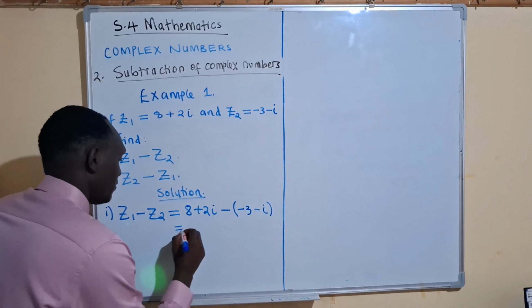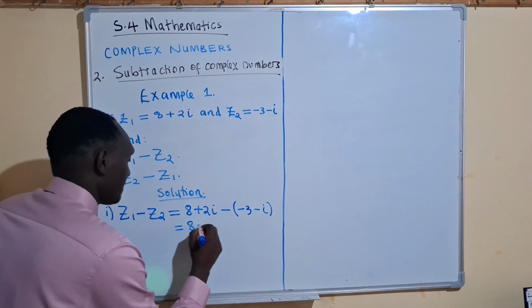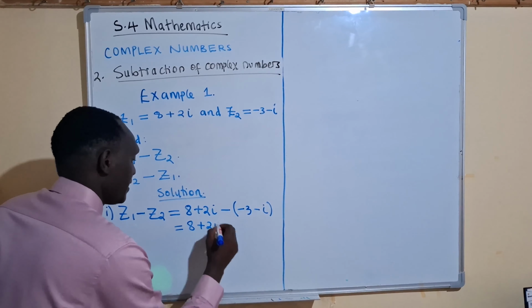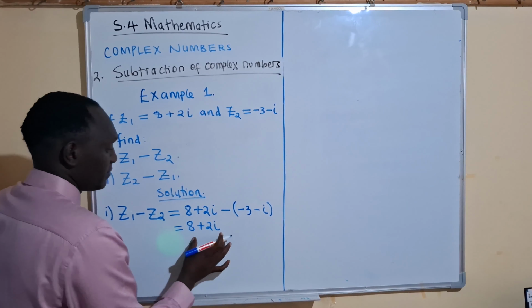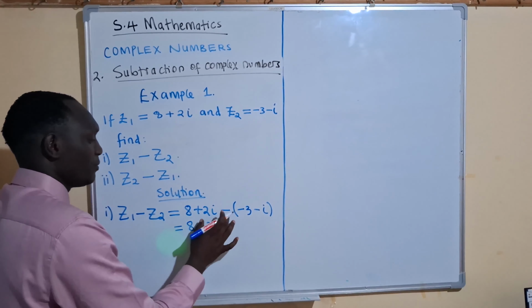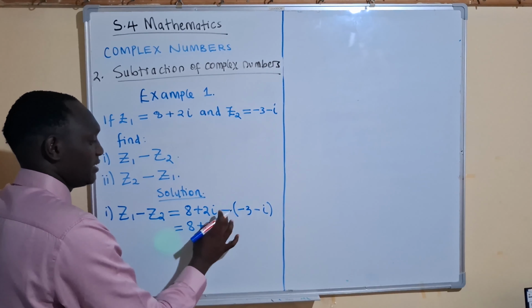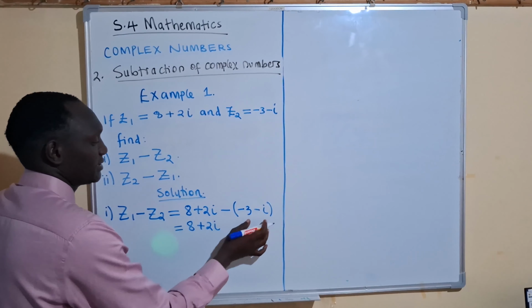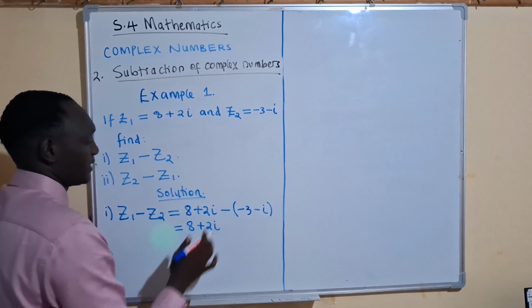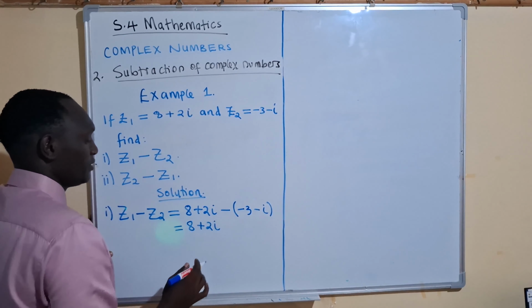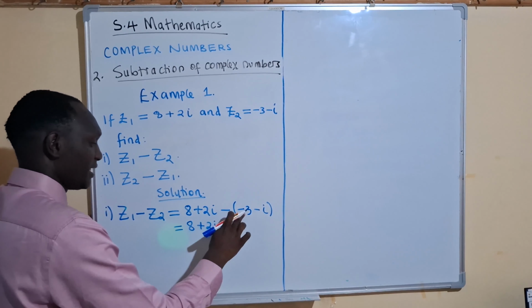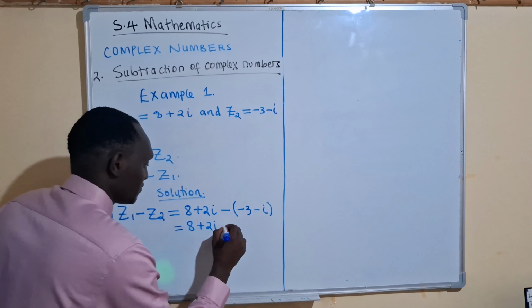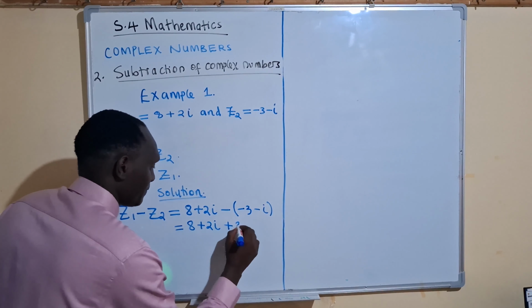So here now, we shall have 8 plus 2i. I have not yet made any change. Now I'm going to open the bracket. This negative sign is going to affect the signs of the terms in the bracket. Negative times negative is positive, so that will give us here plus 3.